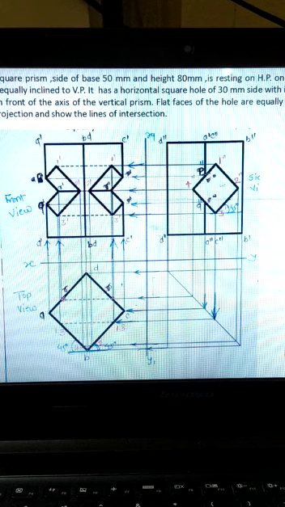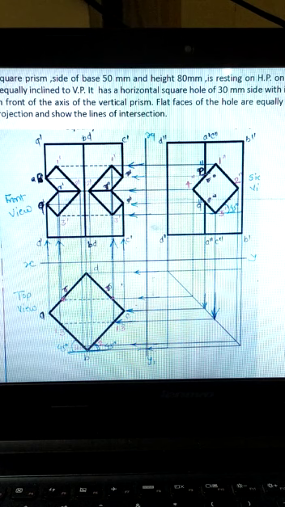Here, if I look at the side view, we are getting 2 more points. Why are we getting these 2 points? Because the face A dash C dash will cut the square 1, 2, 3, 4 at points P double dash and Q double dash. So you have to find those points, because these points are the end points of the intersection curve.